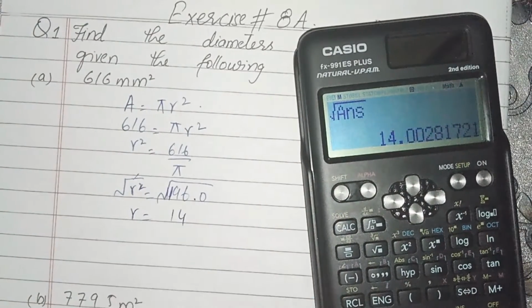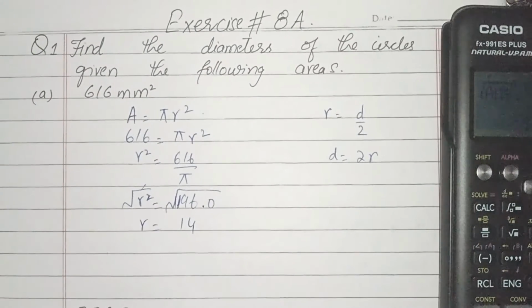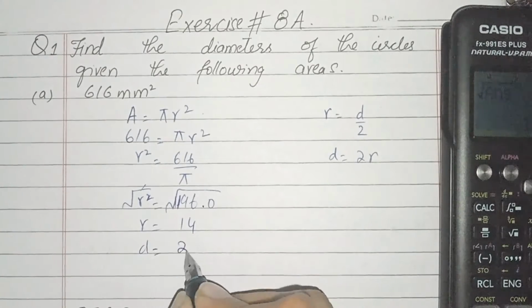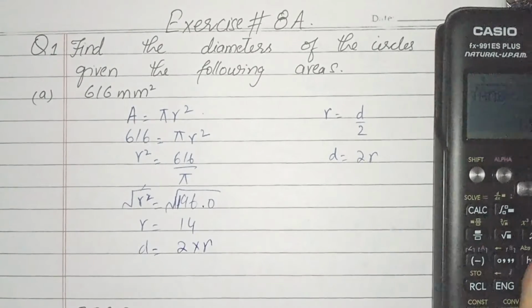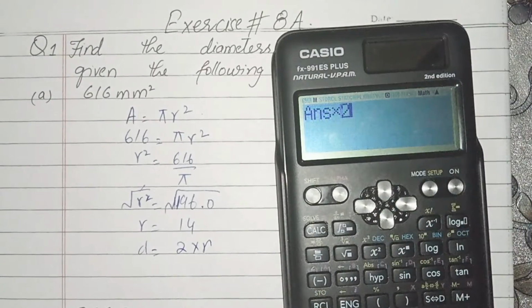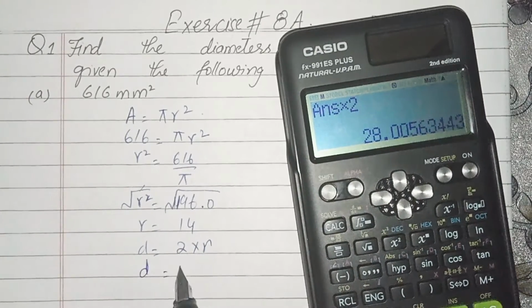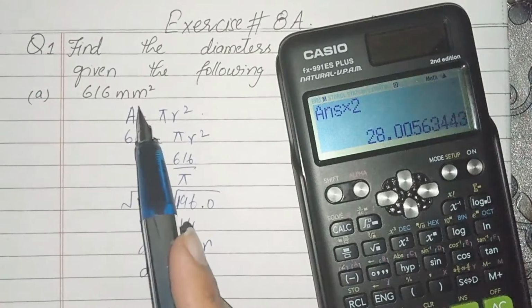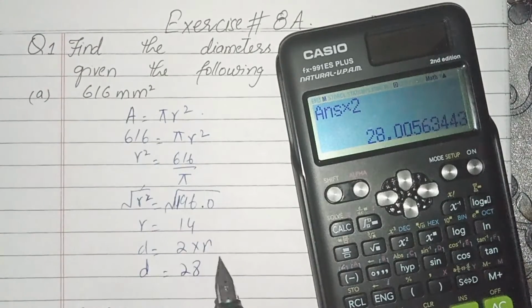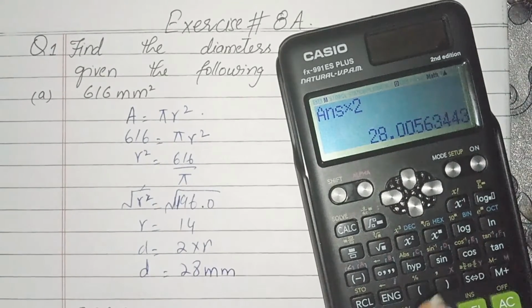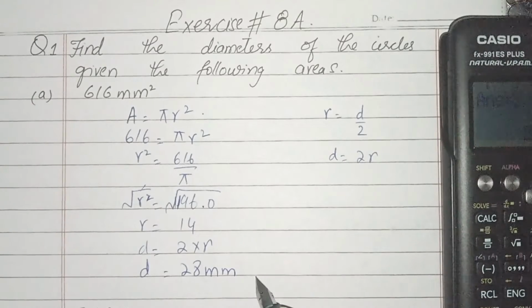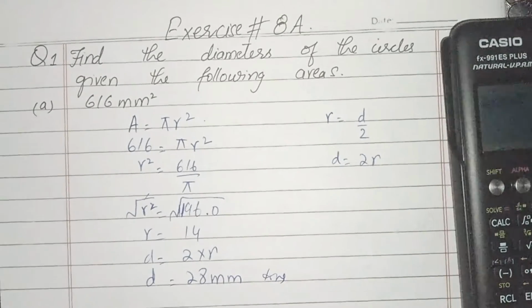R is equal to 14 and D is equal to 2r. 14 multiplied by 2 and we get D is equal to 28, and the unit used is millimeter. And now, students, part number A is solved.